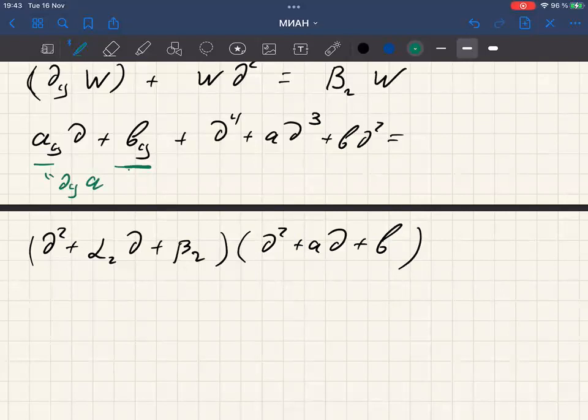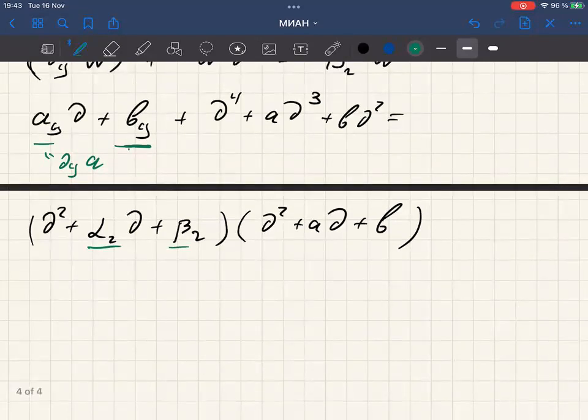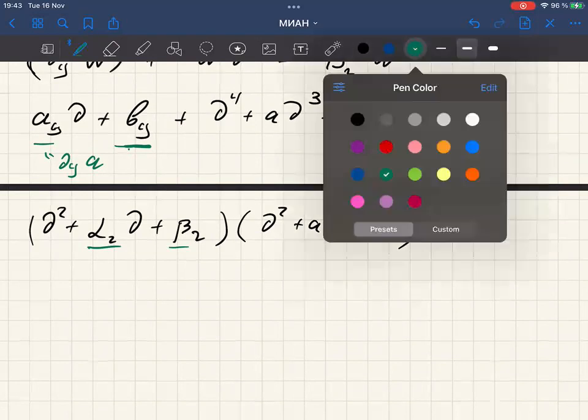This notation means derivatives, but we have equations for the coefficient of the first power of d or 0th power of d, while the coefficients of d fourth, d third, and d second should determine alpha 2 and beta 2.